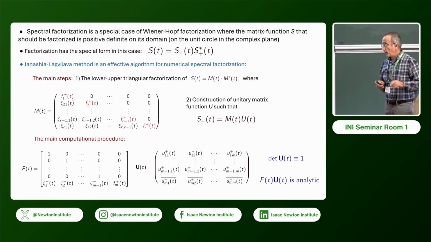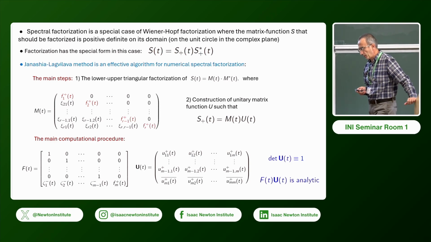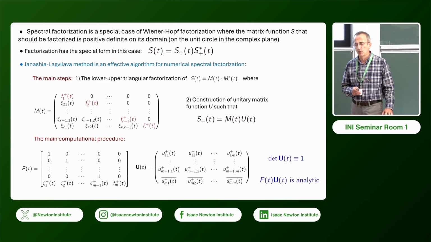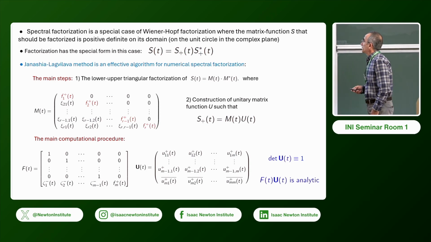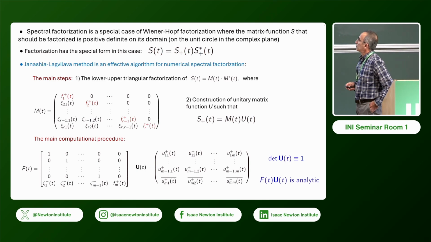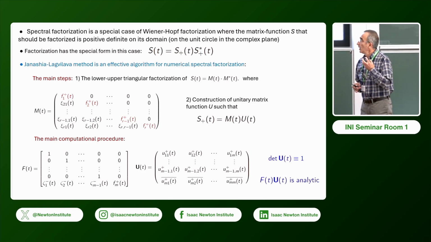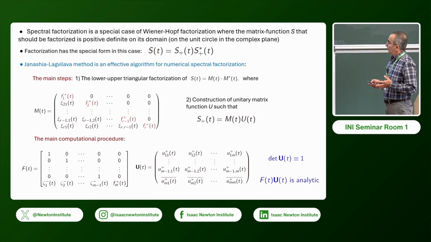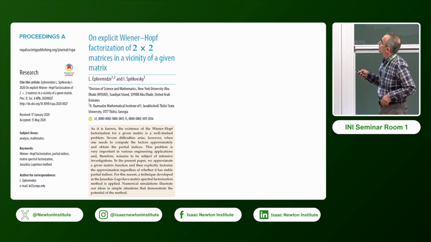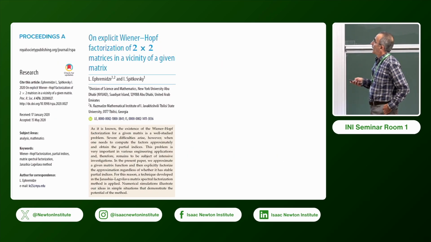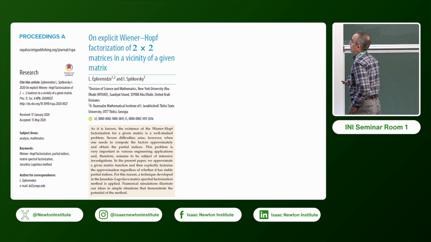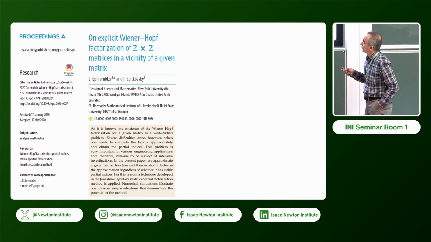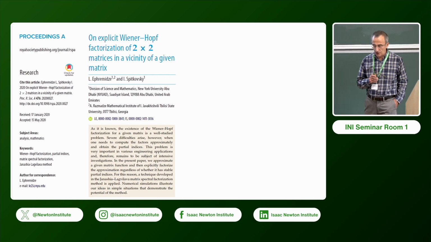I stayed here for 1 month, and working conditions were excellent, and I started to generalize this method and tried to use it for general Wiener-Hopf factorization. In some sense, during this month I was successful, and eventually we produced this first paper where the method was generalized for general Wiener-Hopf factorization.